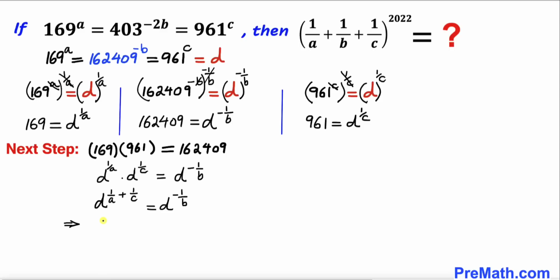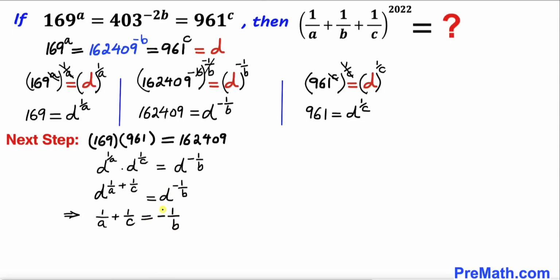Therefore 1 over a plus 1 over c equals negative 1 over b. Now let's move the negative 1 over b term to the left hand side. So we get 1 over a plus 1 over b plus 1 over c equals 0 on the right hand side. Let me call this equation number 1.